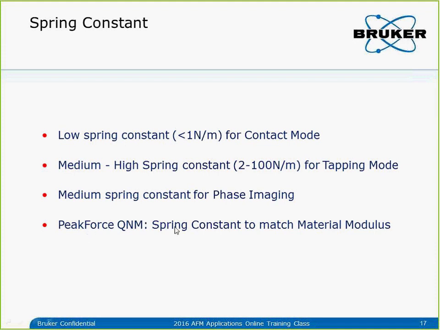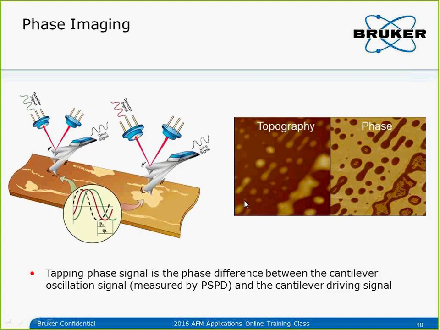The spring constant is also a key parameter for peak force tapping mode, especially for QNM, where we want to match the spring constant of the cantilever to the modulus of the material so we can get a better measurement of the modulus. If you're already using QNM, I believe you already know how to choose the right spring constant. But I will go into more detail on the third item, how to choose the right spring constant for phase imaging in tapping mode.